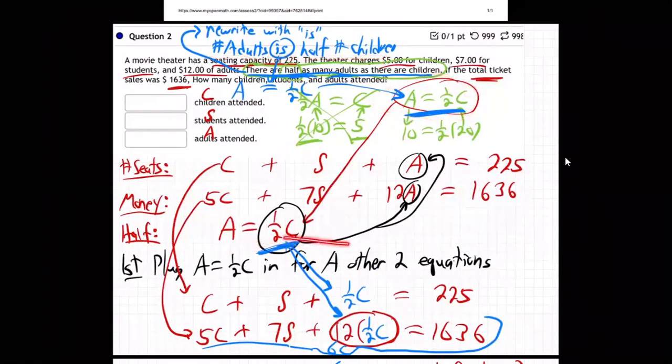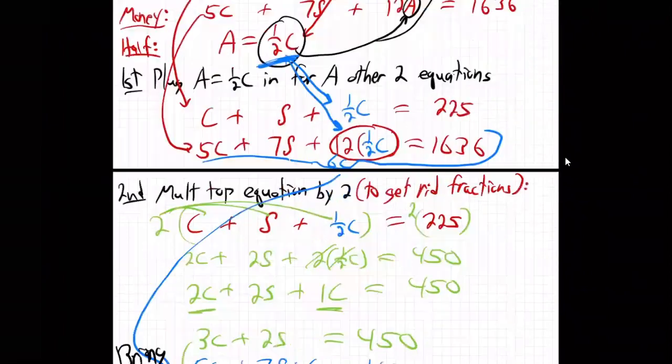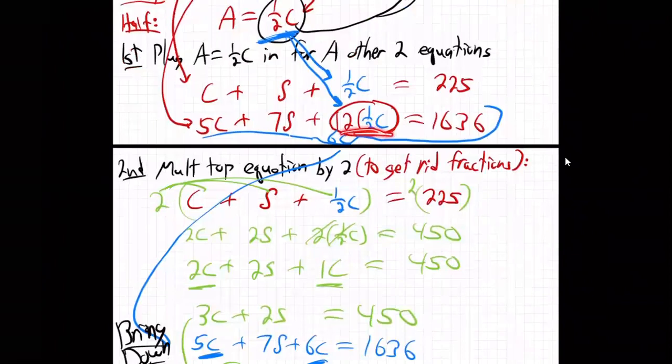And then take that and plug it in right there and right there for A into the top equation and bottom equation. So plug it in here, plug it in here. This bottom one is simple. 12 times a half of C is 6C.